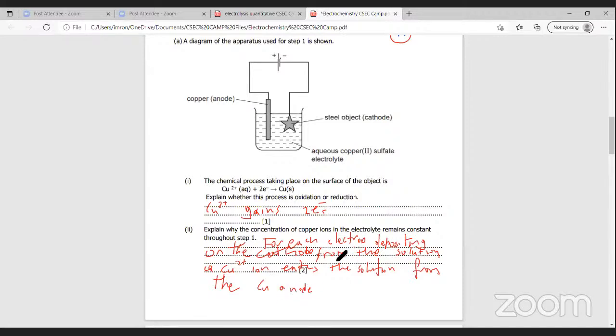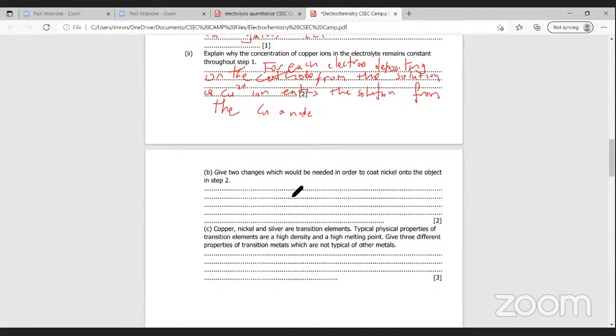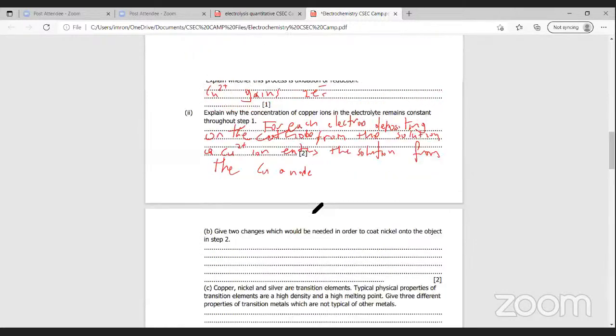So for each electron depositing on the cathode from the solution, a copper 2 plus ion enters the solution from the anode.